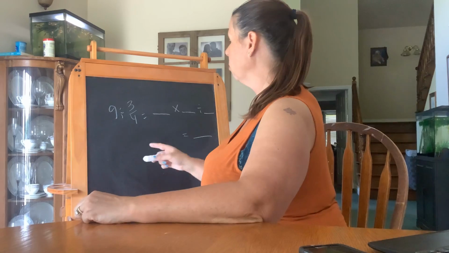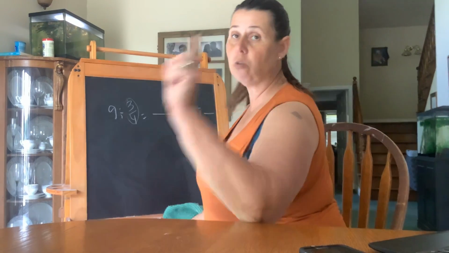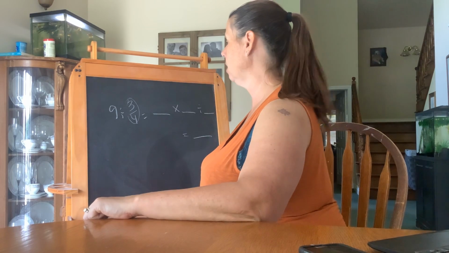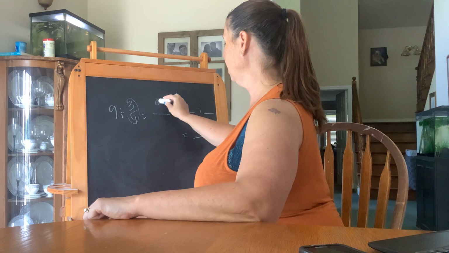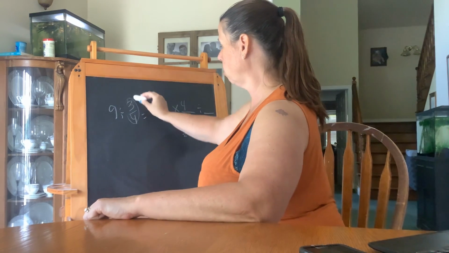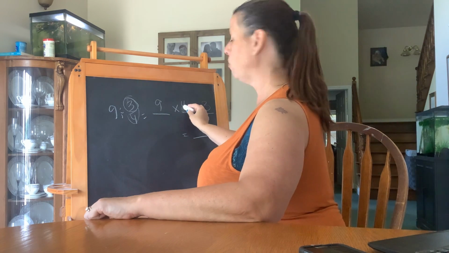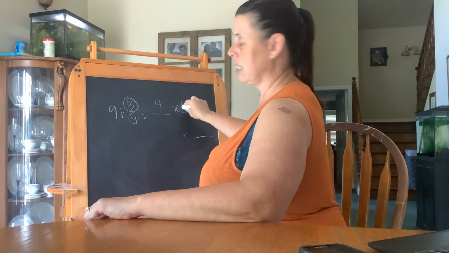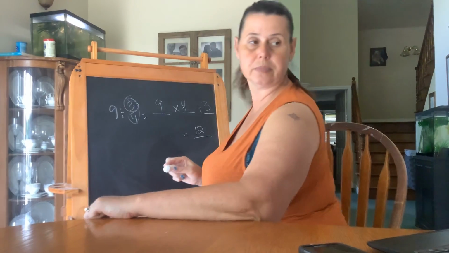Okay, so remember, we've got 3/4, but we got to figure out 1/4 first, right? So 9 divided by 1/4 would be 9 times 4, right? Because we got to figure out 1/4 and then we have to divide it by 3. So 9 times 4 is 36, divided by 3 is 12, right?